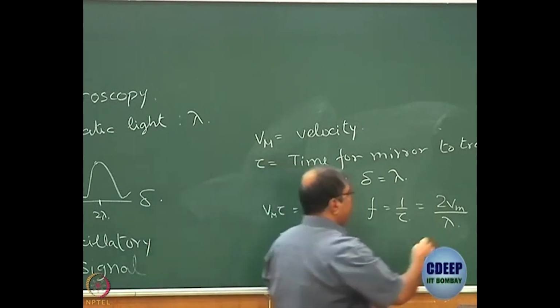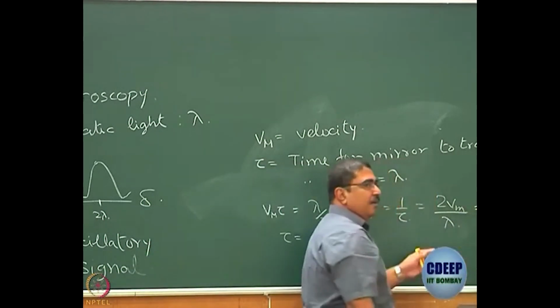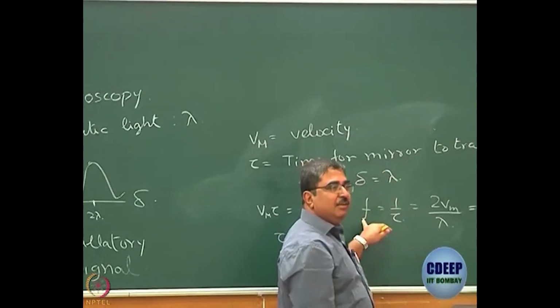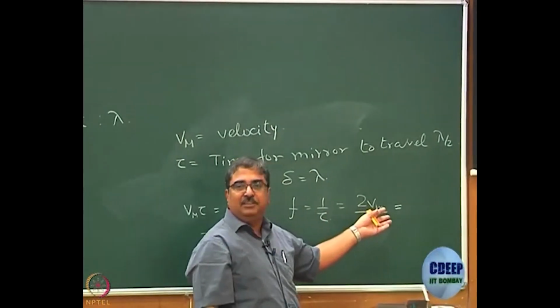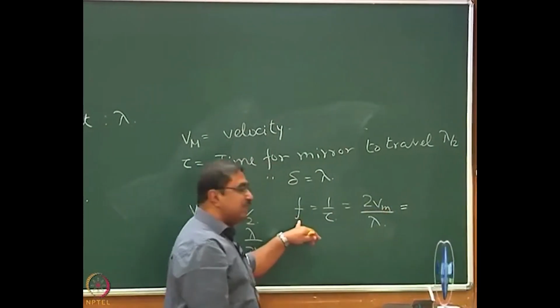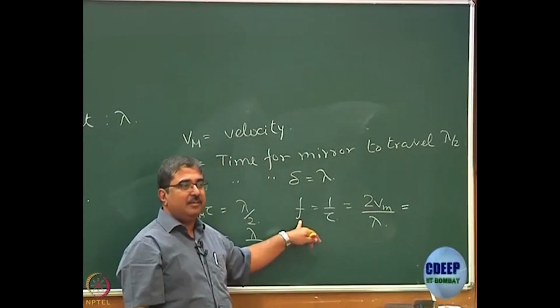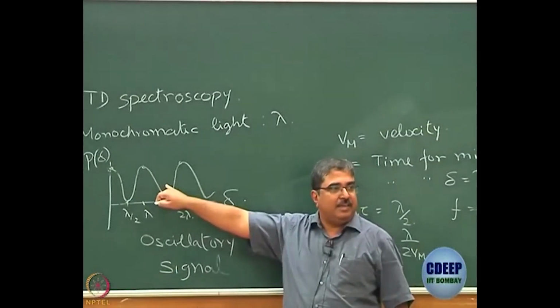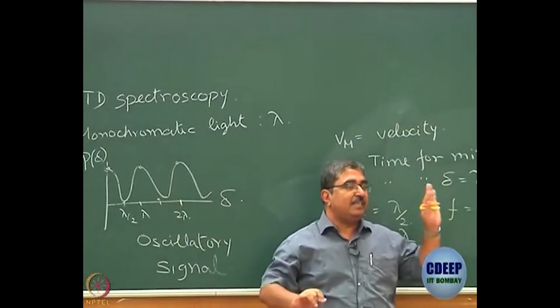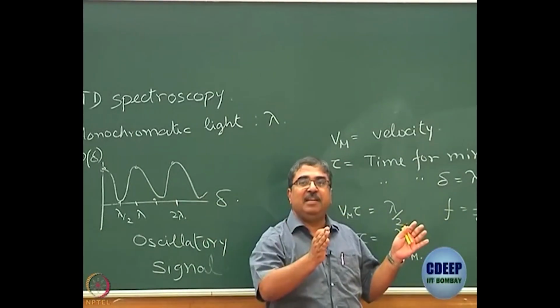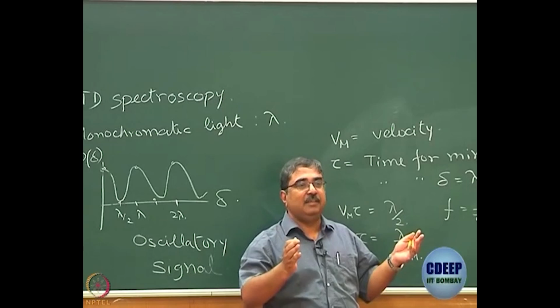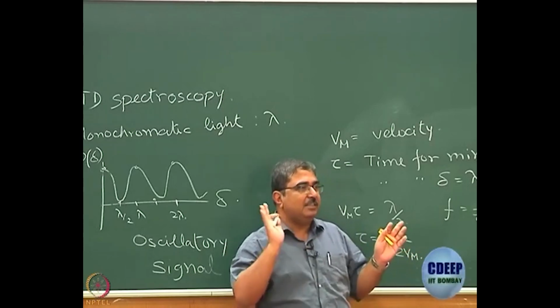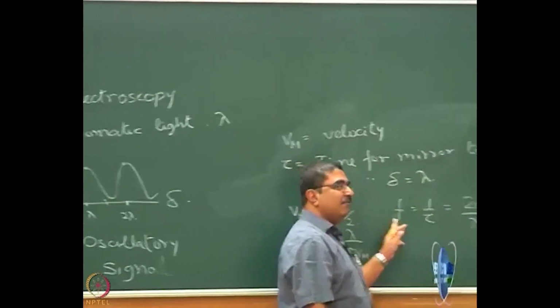Now, on the left hand side we have frequency, so it makes sense to have frequency on the right hand side also. What is this frequency, this f? That is the frequency of this signal, isn't it, right. Do not forget tau is the time for displacement of mirror by lambda by 2, that means delta equal to lambda. So, it's the frequency of this signal. F is the frequency of signal.